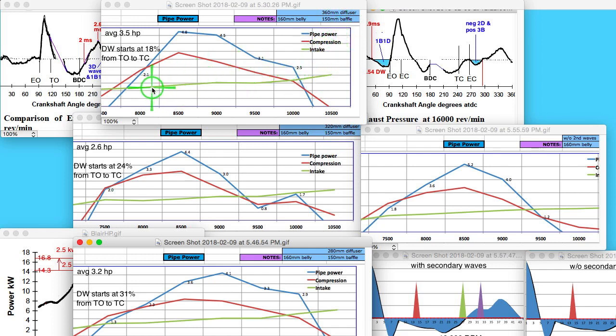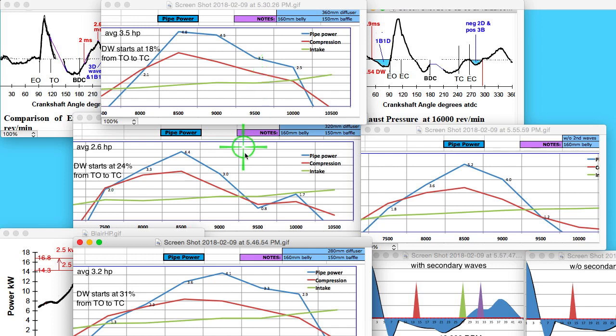So if you take the average of these points along the graph, these 5 points, this is an average of 3.5 horsepower. This one at 2.6, and this one at 3.2. This would be close to what I was previously recommending. So by extending the distance of that diffuser, even though you lower the peak of the diffuser wave, you actually gain more power as a result of correct manipulation of the secondary diffuser waves.